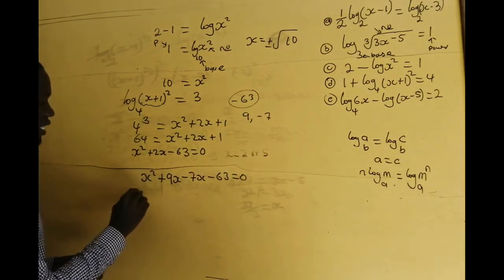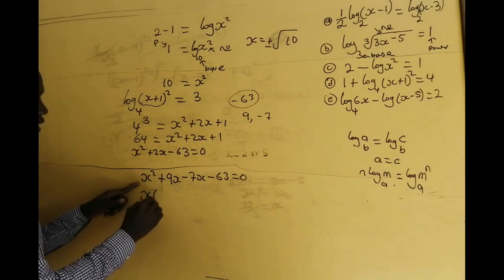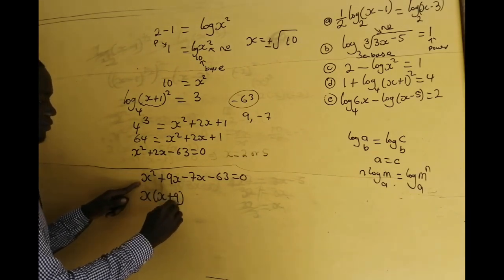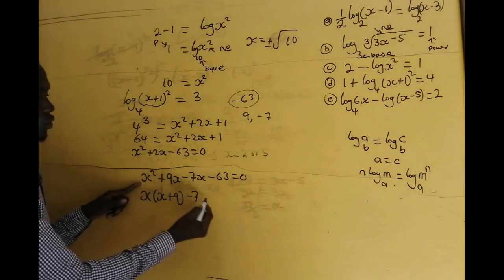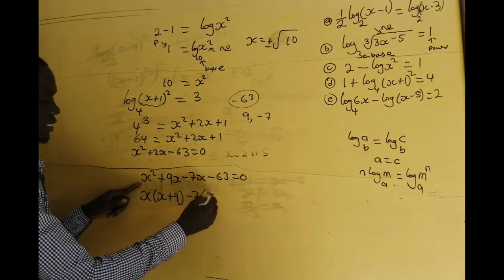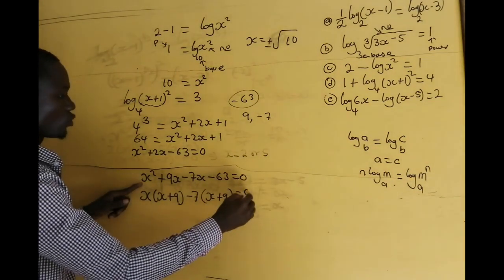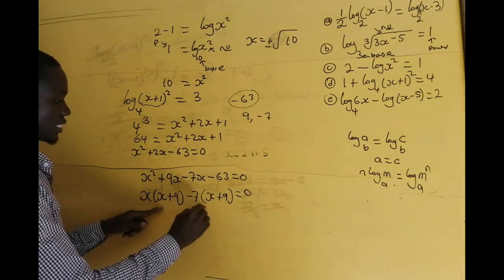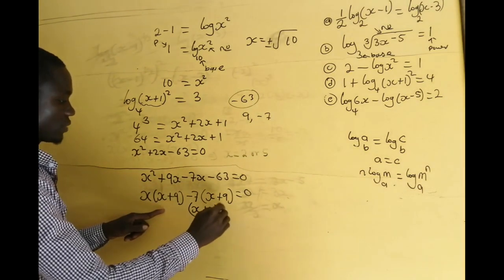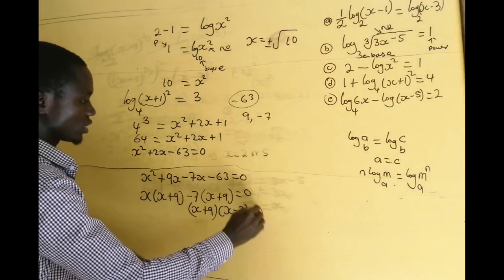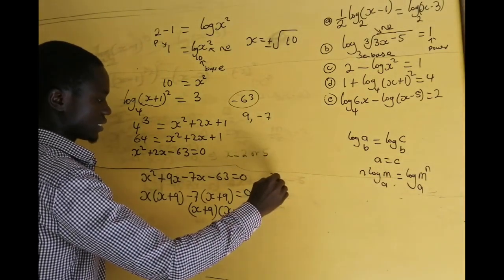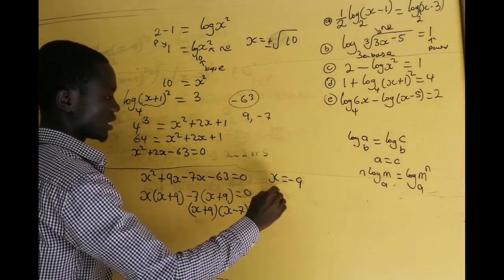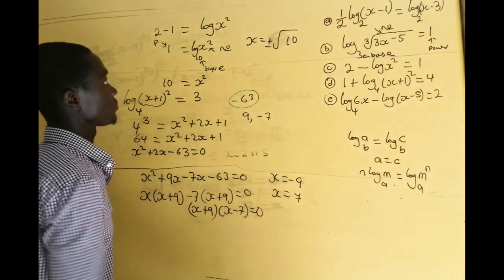So if you factorize x out, you get x plus 9, minus 7. If you factorize minus 7 out, you get x plus 9 equal to 0. So here we have x plus 9 times x minus 7 equal to 0, which will give us x equal to negative 9, x equal to positive 7.